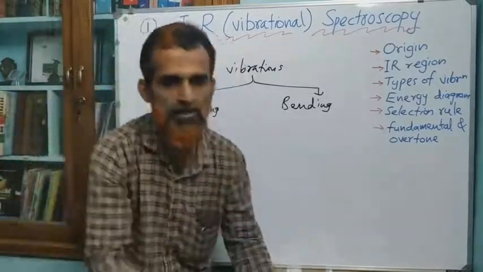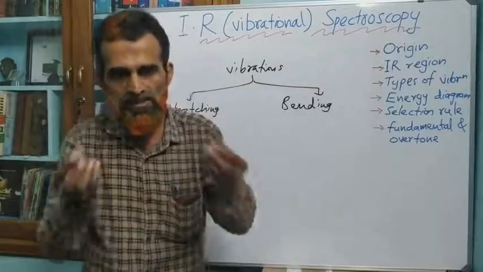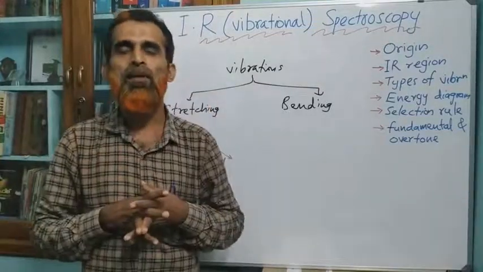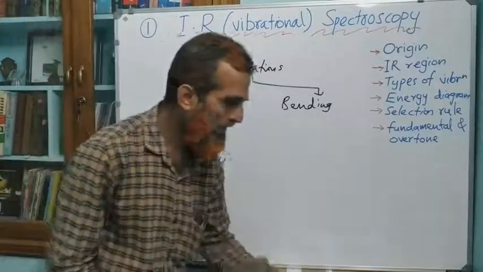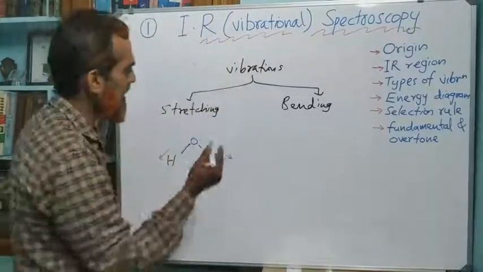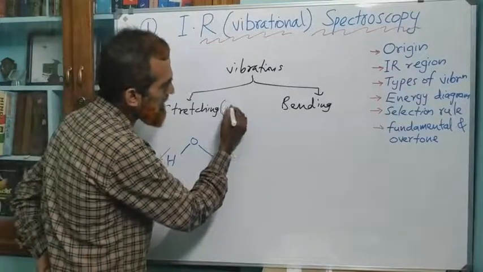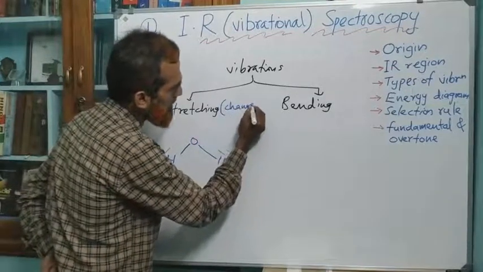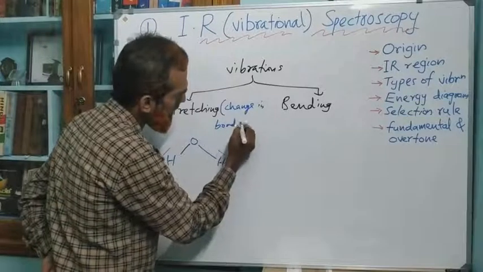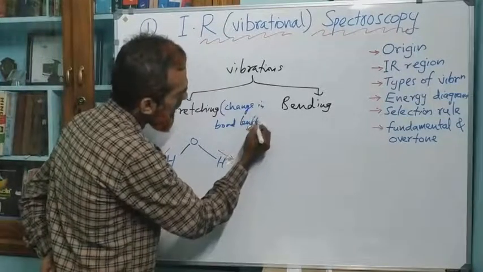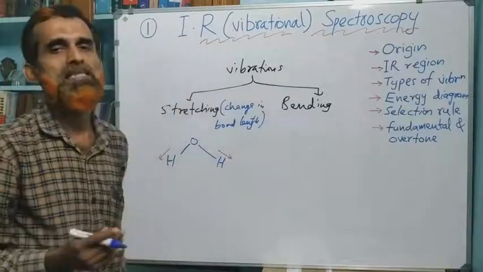So this kind of vibration taking place in water is what is called stretching vibration. The point is that during stretching, change in bond length takes place. So bond length is changing during stretching vibration.